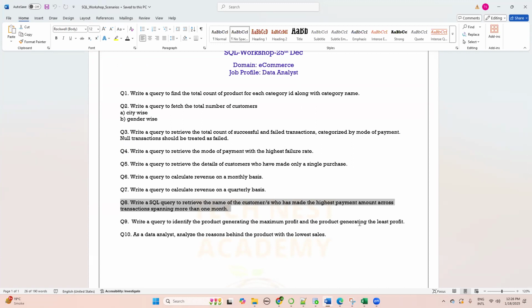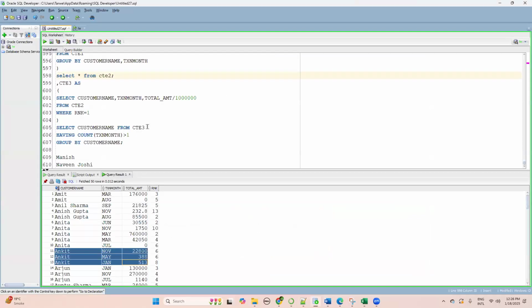Okay. Can you do this question number 9? Take it as a homework, try to work on it. Okay, you have to find the sum of total revenue product wise, and then apply rank, dense rank, then apply filter. Okay. Yes. So, yeah, any question?